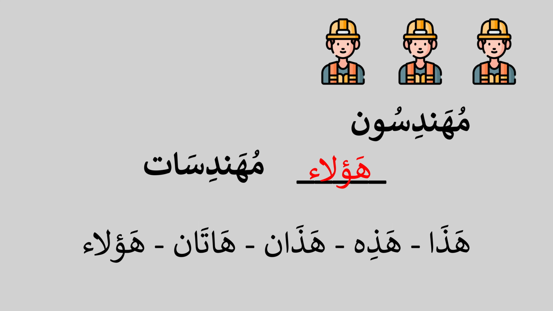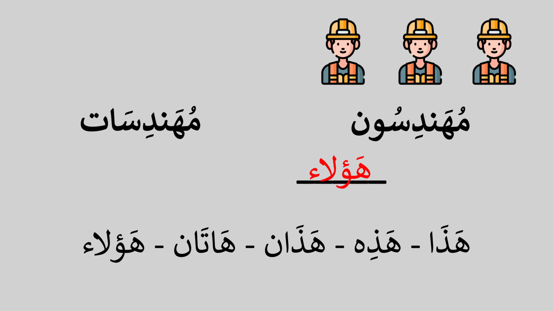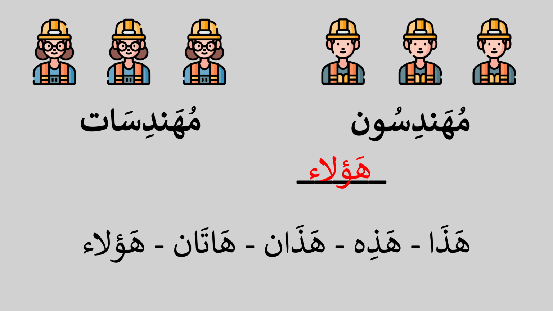It will still take هؤلاء, because this pointy noun works for both feminine or masculine plurals. مهندسون means engineers for males, and مهندسات means engineers for females. I hope now you feel okay about the pointy nouns. Later in the course, we will be having more exercises about them.